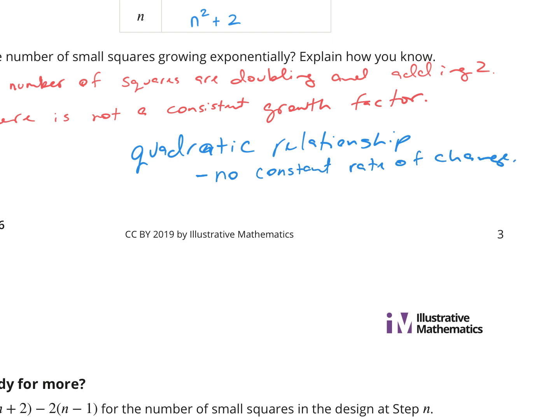And it's not like an exponential relationship because in exponential relationships, as one quantity increases by a certain amount, the second quantity changes by the same factor. So again, no constant growth factor. So it is a different type of relationship from the two that we have worked with so far.